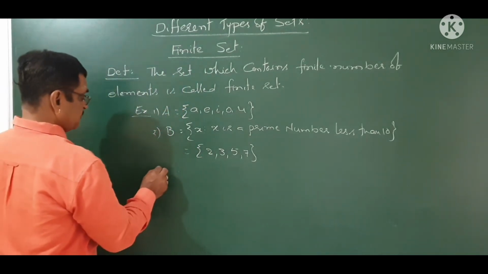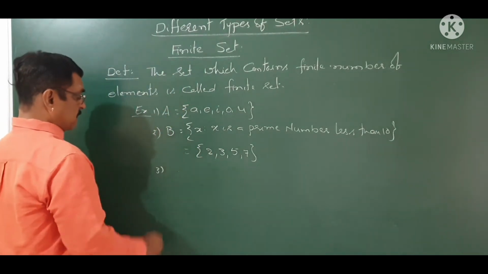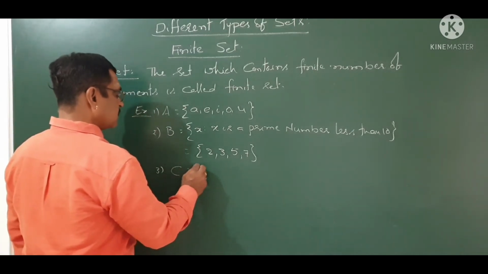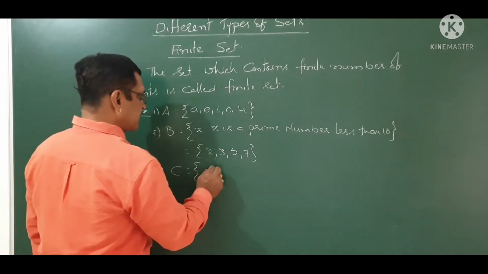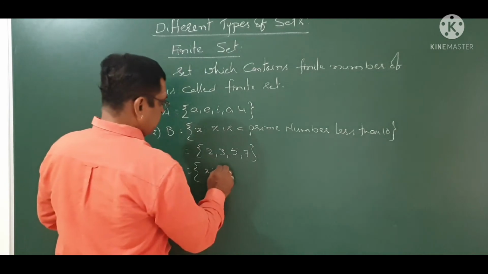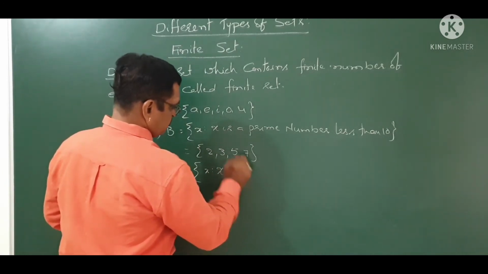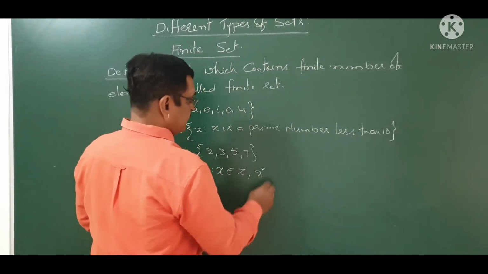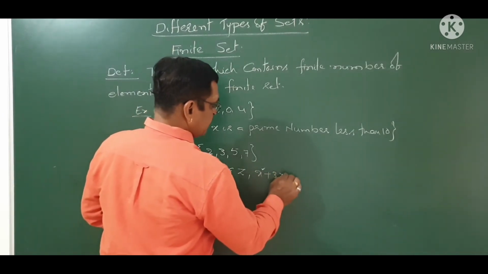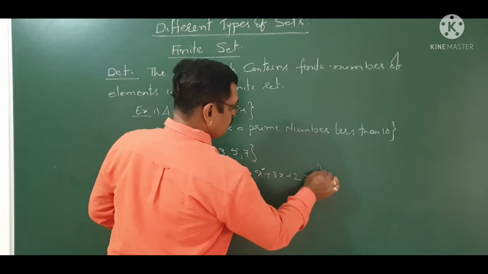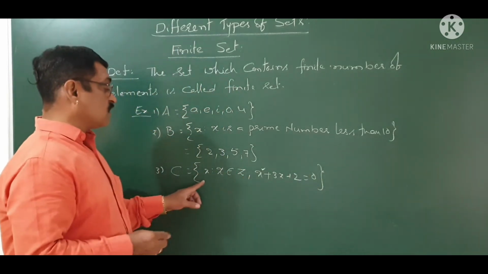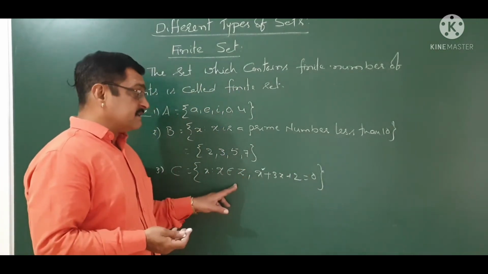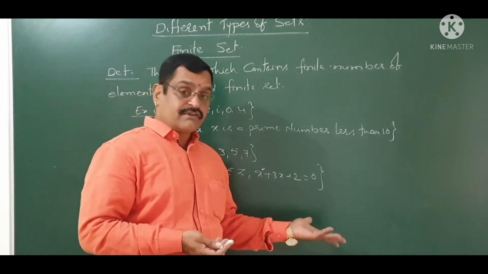Next one. Number 3. Let's see. X such that X belongs to Z and x square plus 3x plus 2 is equal to 0. That means I want those integers which satisfy this equation.